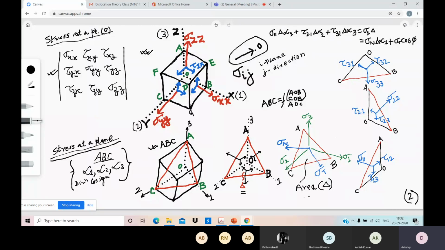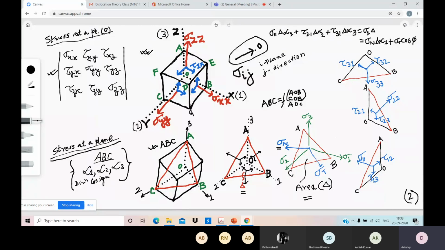So in the next picture, I am just showing how the resultant stresses on the ABC plane can be represented. You can either represent the stress on the ABC plane by two components. One is the net normal stress, which I am drawing in blue color as sigma n.